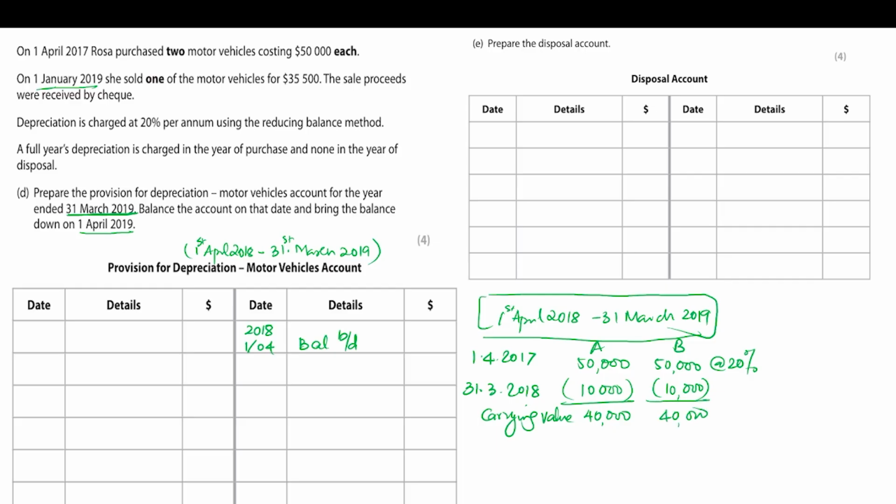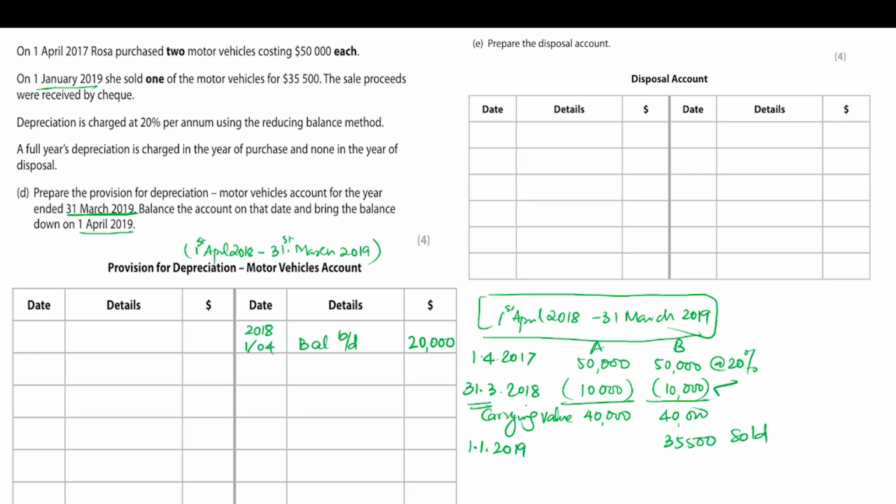And when is it sold? On 1/1/2019. Let's say this is sold. One of them is sold for 35,500. This is the sale price. So depreciation in the beginning, that means on 1st April 2018, was 20,000. And then one of the vehicles is sold, so this is the depreciation which we have to take on the date of sale.